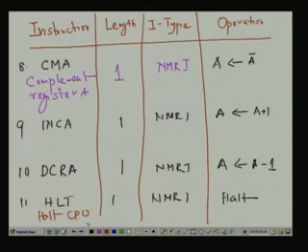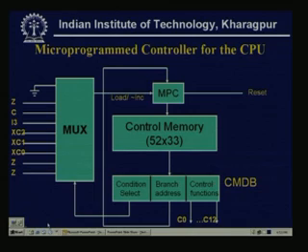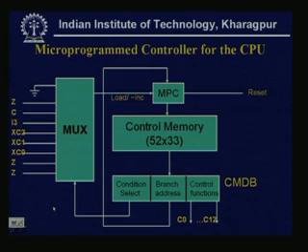If we see the hardware organization of the microprogrammed control unit for this example CPU, we will see that there is a multiplexer, the MPC, the control memory, and the CMDB, which are the registers where 3 fields are there: condition select, branch address and control functions, that we have already seen.